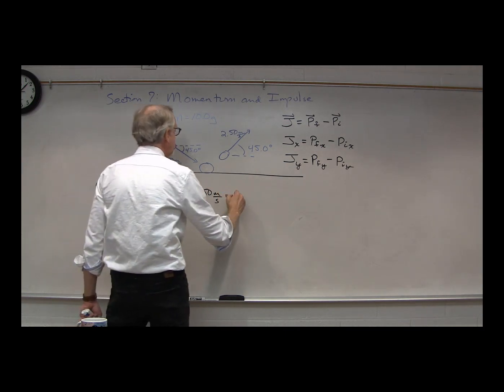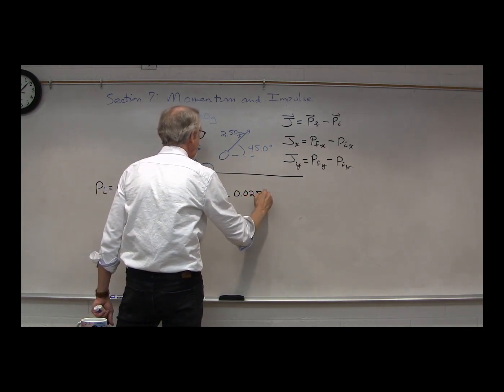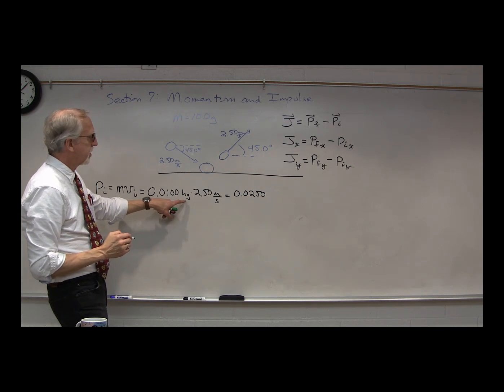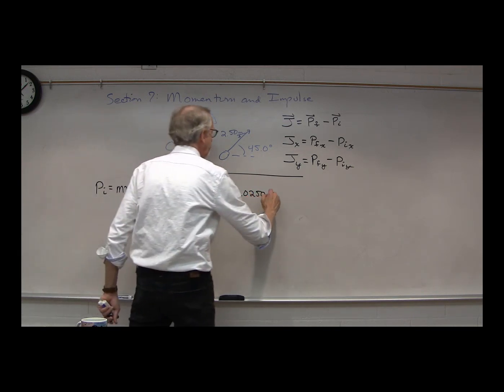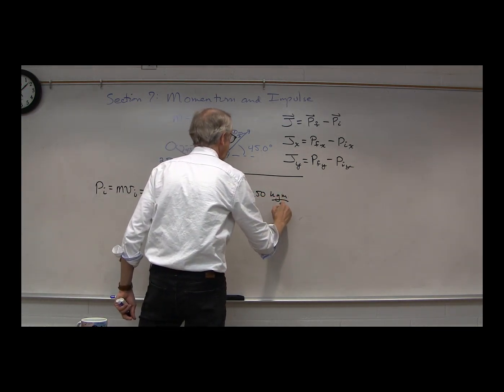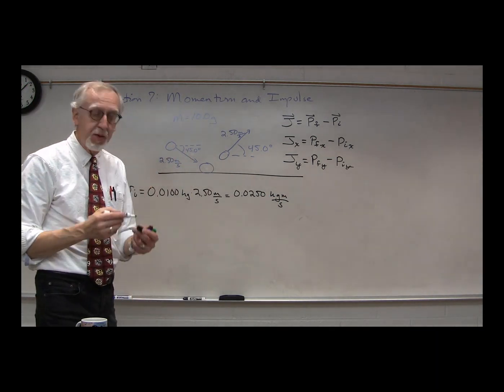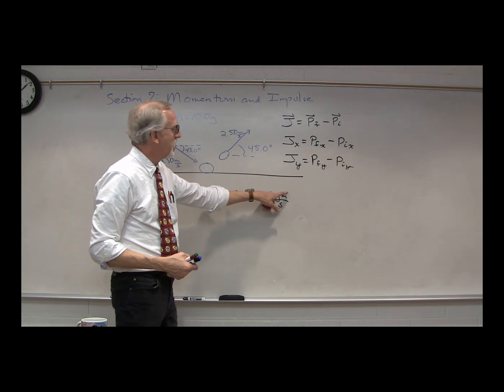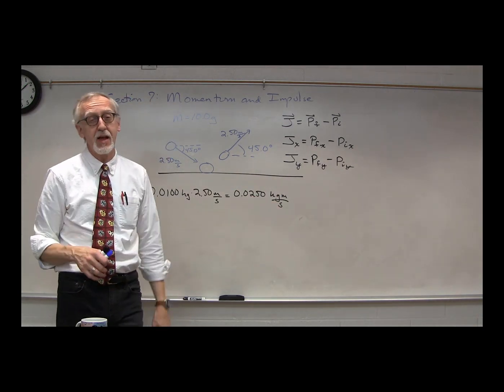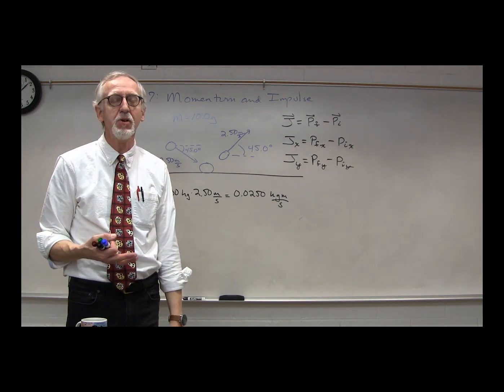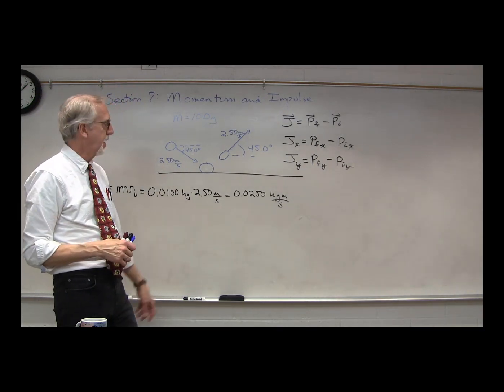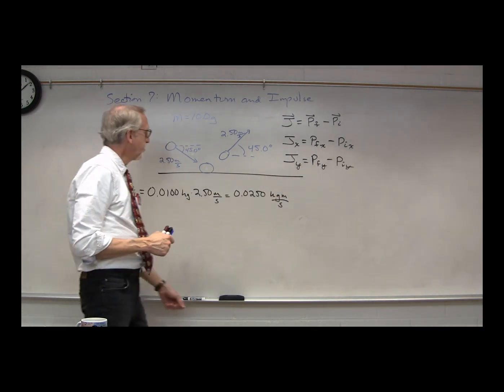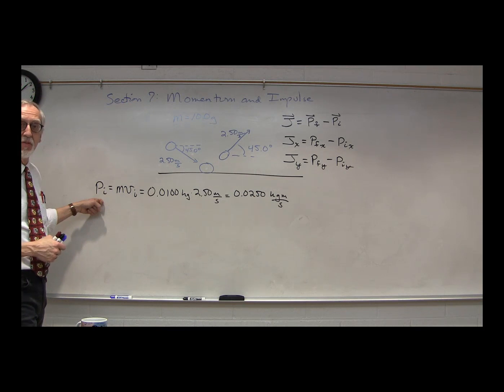In other words, 0.0250. And what are the units? Kilogram meters per second. So that shows us what the standard SI units for momentum are. I'm sure you'll be glad to know there is not a separate unit for those, so we'll just leave it like that: kilogram meters per second. So that's the magnitude of the initial momentum.